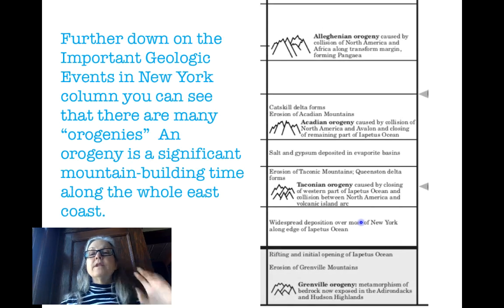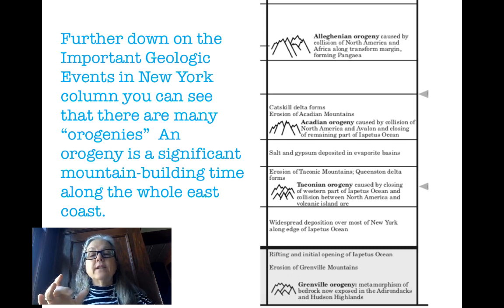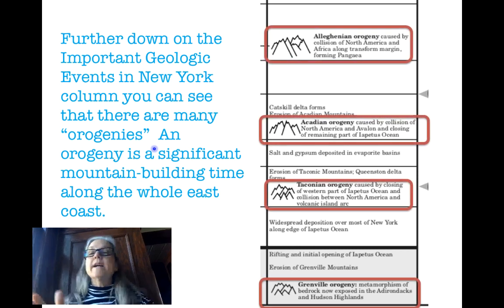Going a little bit more down, I want you to notice a particular word, orogeny, Alleghenian orogeny, and so on. The word orogeny means mountain building event. All right, and these particular orogenies impacted all of the East Coast. So the Alleghenian orogeny, for example, impacts North America and Africa, and there's evidence there.